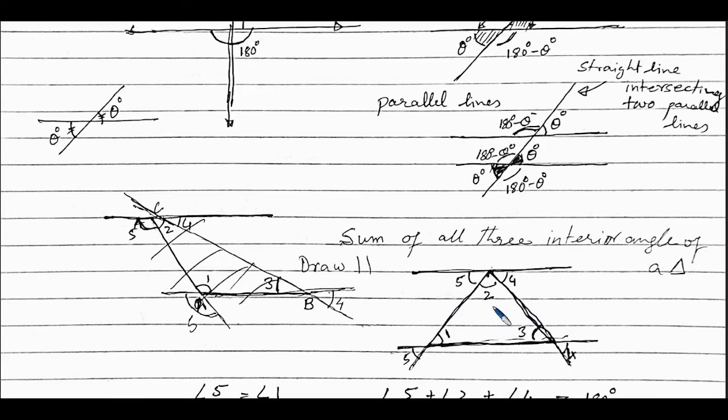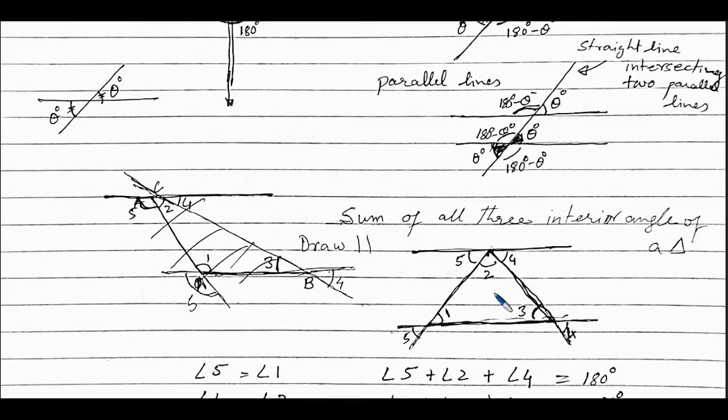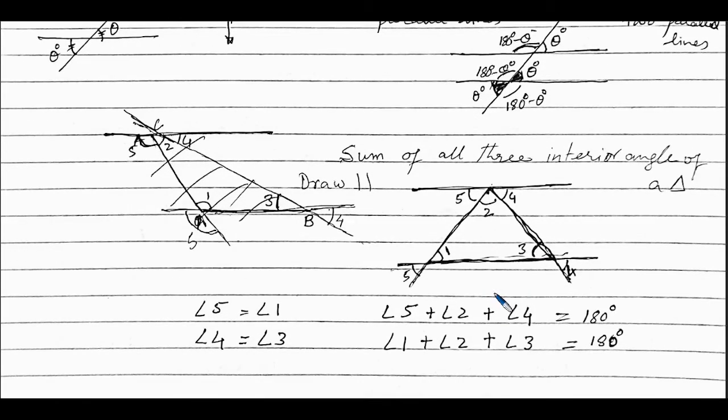So there is one unique property, that the sum of all the interior angles of a triangle is 180 degrees. So how do you prove that? It's very simple to prove. If I draw a parallel line here, I just extend this line along the base.